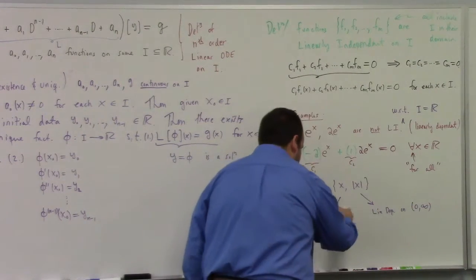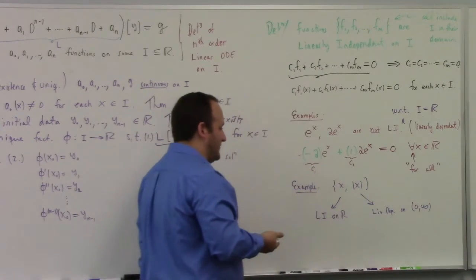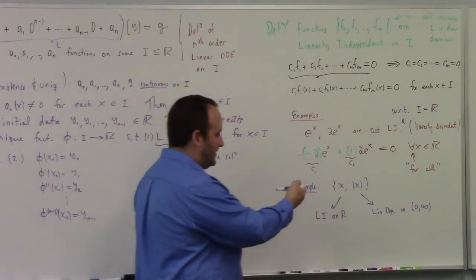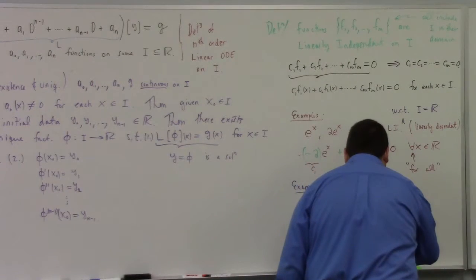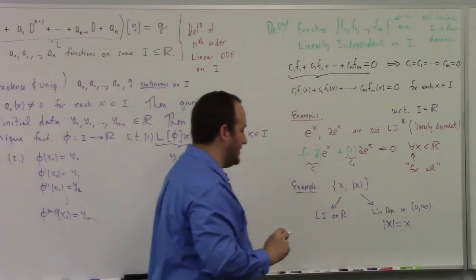Right? Because well, basically they have different graphs. Over here, of course, on the positive reals, we just have the absolute value of x is equal to what? x.